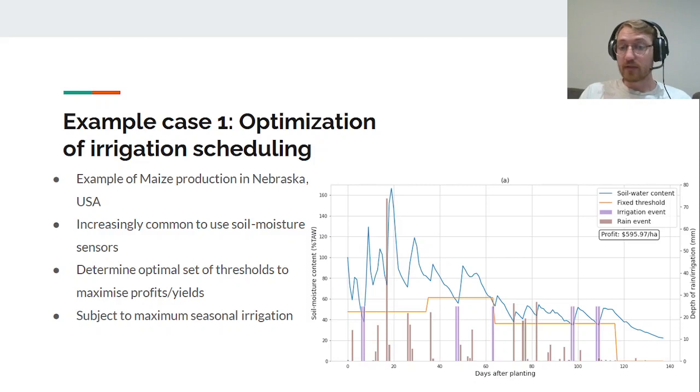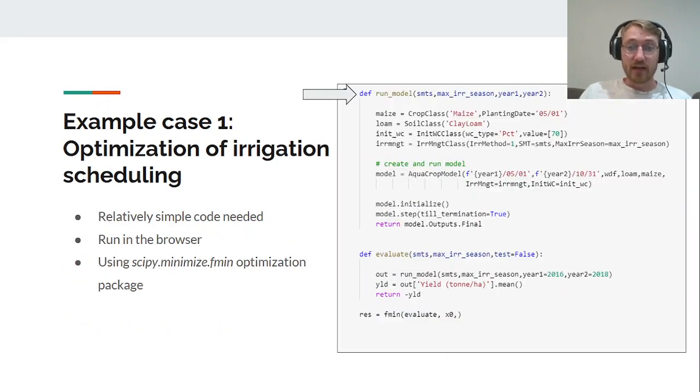And so the code in order to do this kind of optimization is actually quite simple with AquaCrop, where we can define a function called run model, and it's got all the same stuff we saw in our introductory model, where we define a crop, a soil type, an initial water content. Now we are also defining our irrigation management, and then we package it all into a model, run, and return our output files.